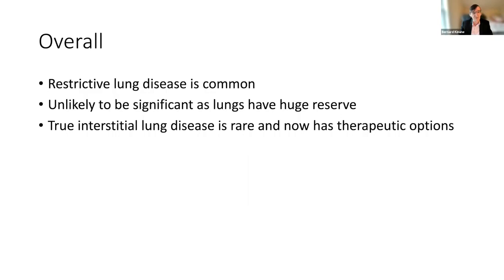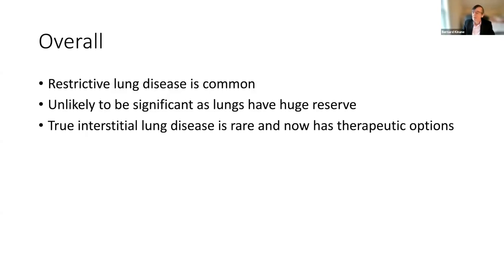Now, overall, restrictive lung disease is common in Myhre syndrome. It is unlikely to be very significant as the lungs have a huge reserve. In the patients that we see with Myhre syndrome, their lung function is about 80% of predicted. You would think that this is a problem, but you have huge lung reserves, and most people will not see any exercise implications of this.